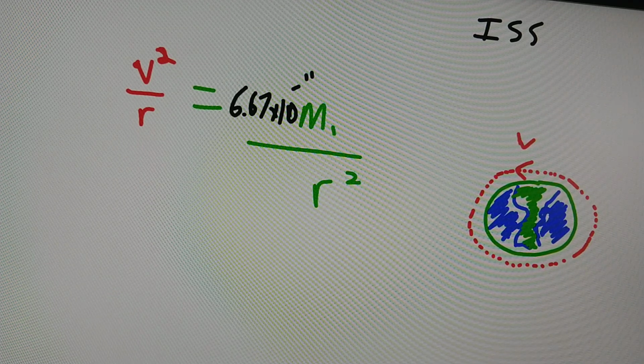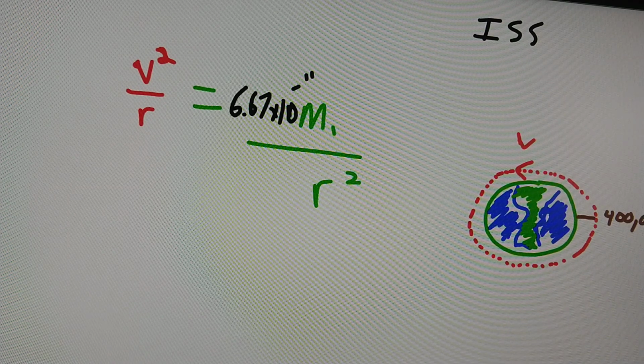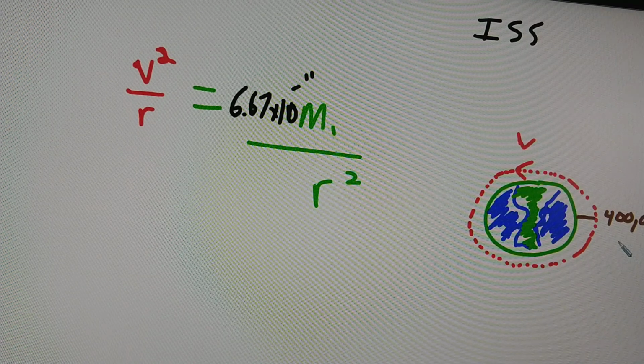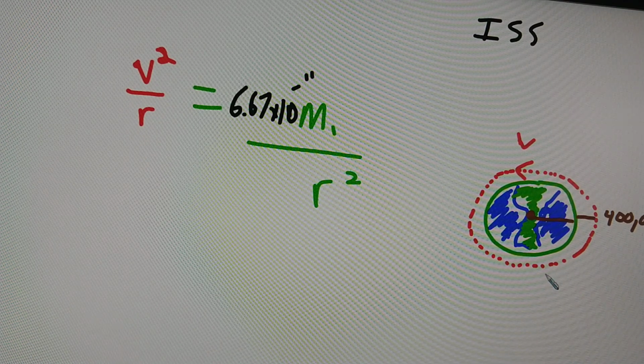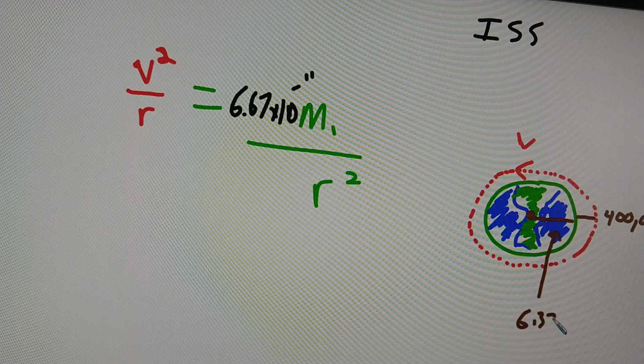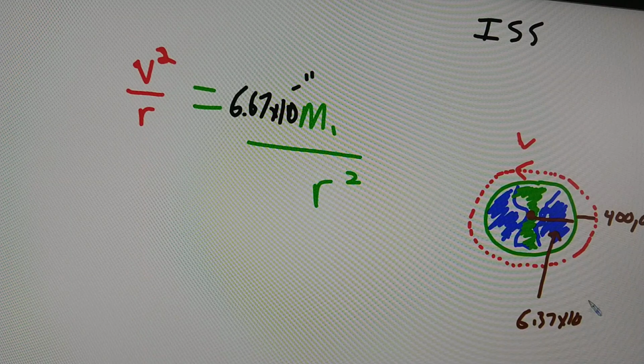Now, the International Space Station is at a height of 400,000 meters above the Earth. It's 400 kilometers above you when it goes by. And we know that the radius of the Earth is 6.37 times 10 to the 6th meters.